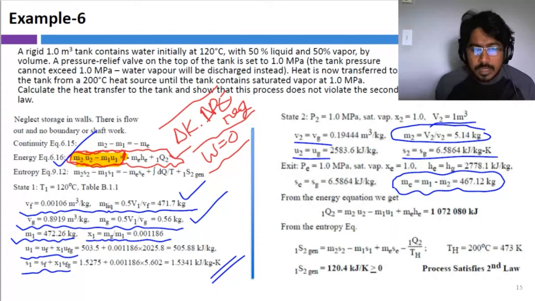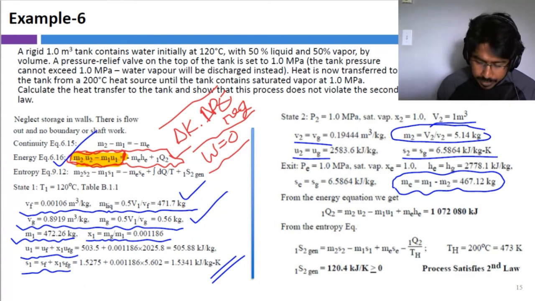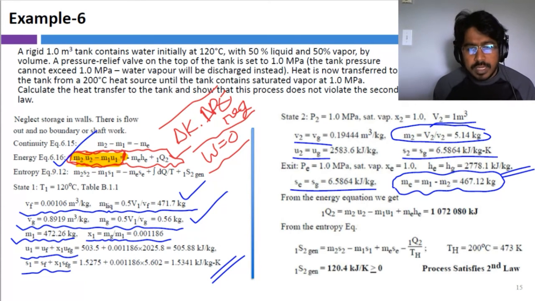So we know that the leaving water should be 1 megapascal saturated vapor. So from that, we can get the enthalpy and entropy of the leaving substance.